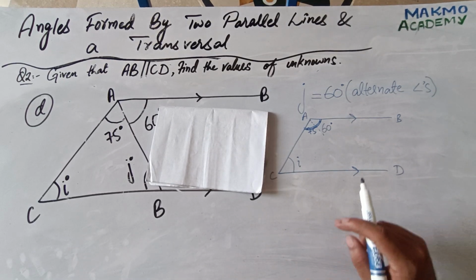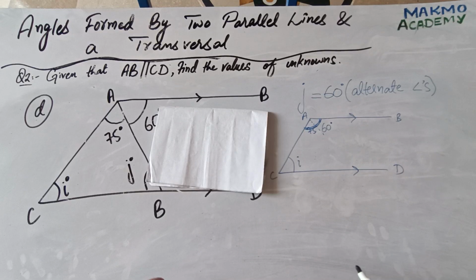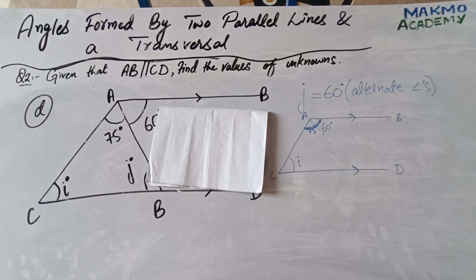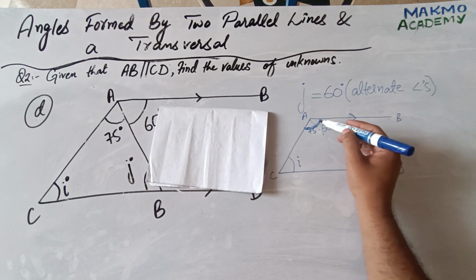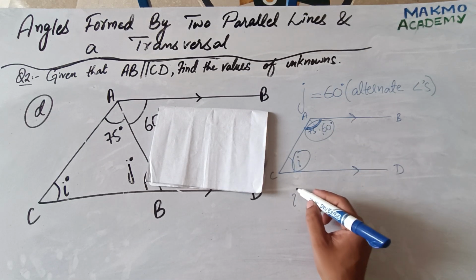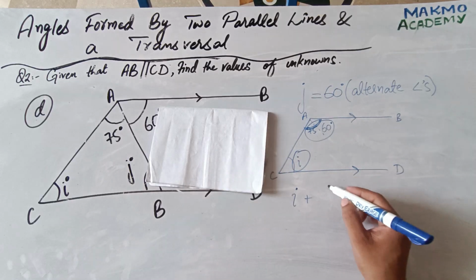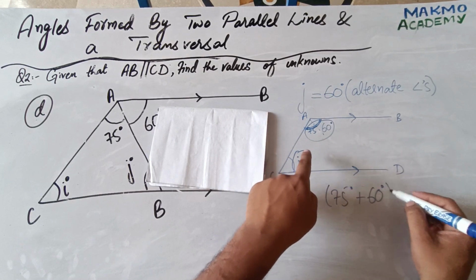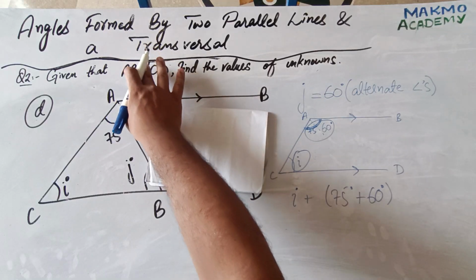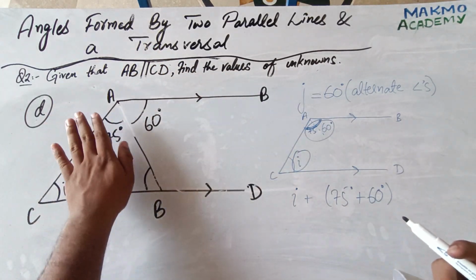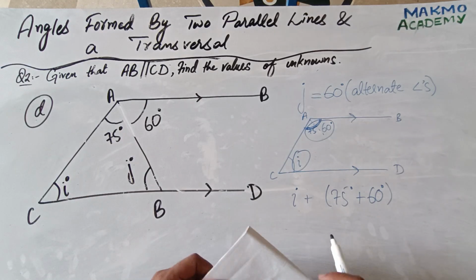So do not forget the interior supplementary angle property. The interior supplementary angle property says that the sum of this angle plus this angle is equal to 180 degrees. We will consider this complete angle as one angle, because they have introduced this line just to confuse you, or just to make another half of the question.